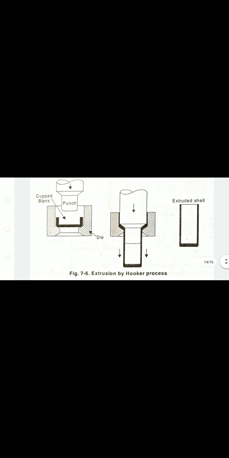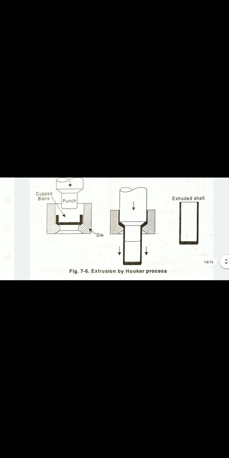So you look at the cupped blank, it is placed in a die, and the punch is brought to the position on the top of the die. As it advances, it forms a cup. But as the punch goes on, there is a small gap between the punch and the die. Therefore not only does metal move in this case, in the die the gap is very small, and the punch is exactly the diameter of the top side of the die.